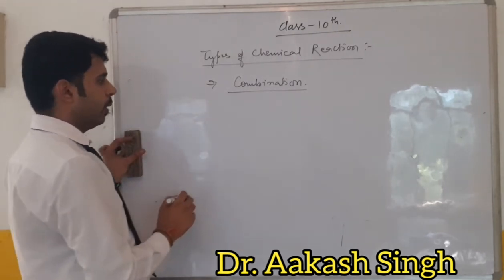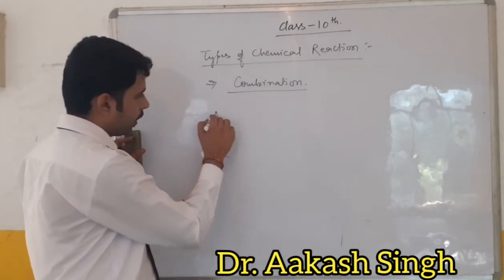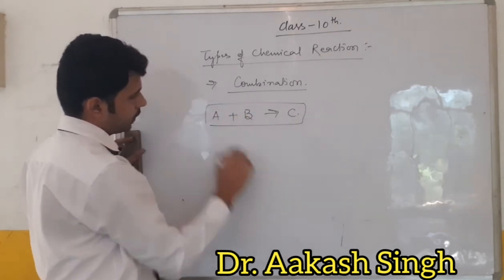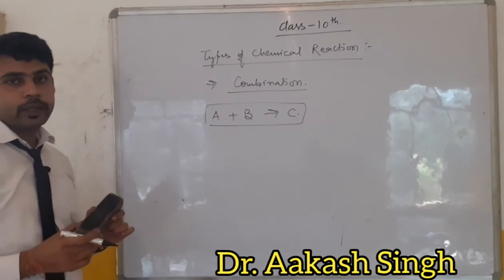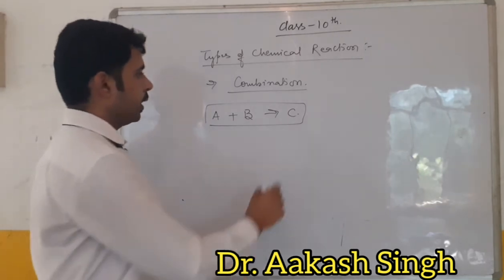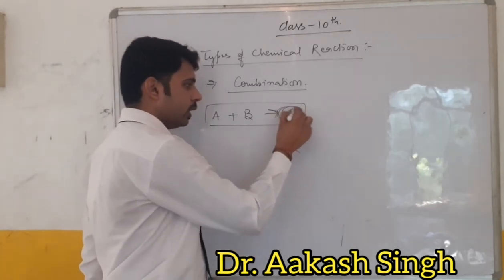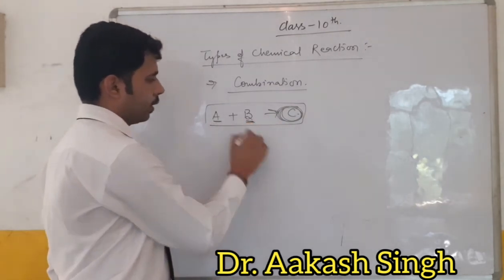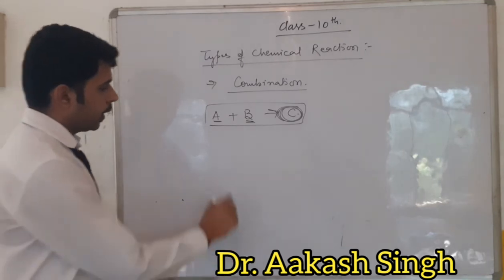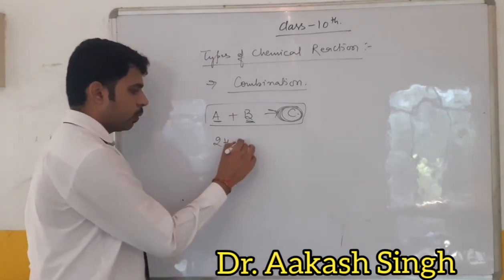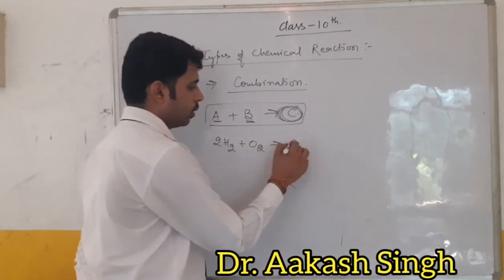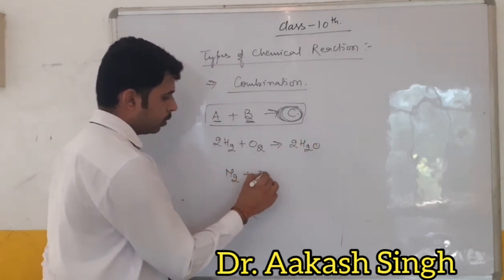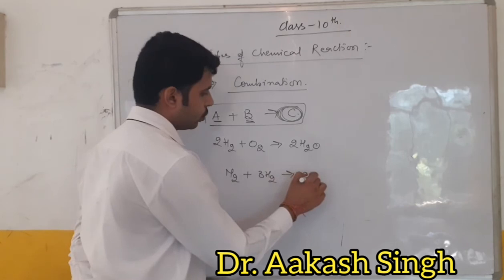Combination reaction may be defined as the reaction in which two species combine to form a new species, like A plus B gives C, and remember that the properties of this C will always be different from A and B. Like 2H2 plus O2 gives 2H2O. Also N2 plus 3H2 gives 2NH3.